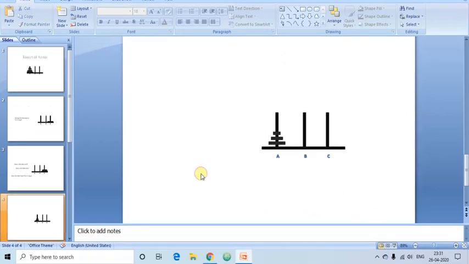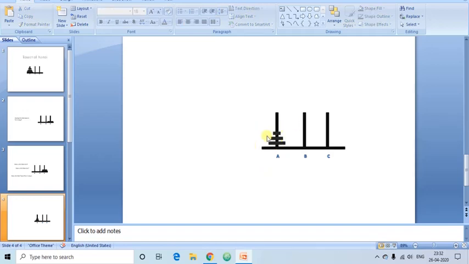Okay. So here we are going to use the actual algorithm. Now we have seen how to move two, how to move one. Now we can think about some sort of function or something like that. We know how to move two, we know how to move one.